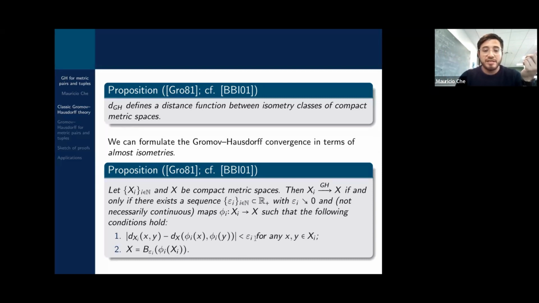That is the meaning of this first inequality. And they are almost surjective. That is the meaning of this second condition here, because this condition means that for any point in X, there is some point pi in Xi such that its image under Phi is close to the point we started with. It's at a distance at most epsilon i. So this is why I call these things almost isometries.